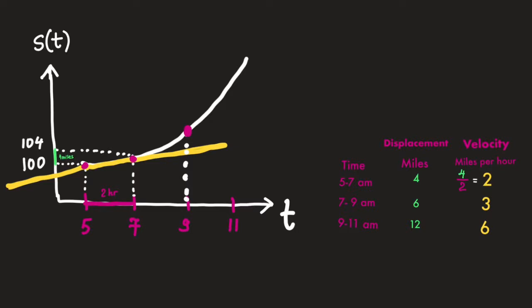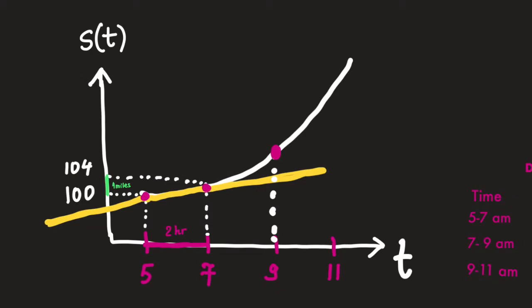Could you tell me, between 7 and 9 a.m., did you run faster or slower on average compared to between 5 and 7 a.m.? Let's only use a graph, not any information I put over there. What do you think? Well, whatever the average velocity is between 7 and 9 a.m., that must be equal to the slope of this line.